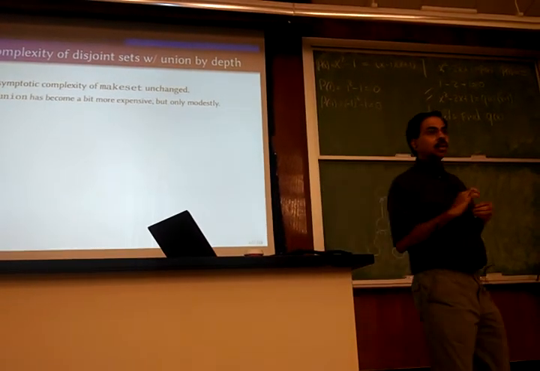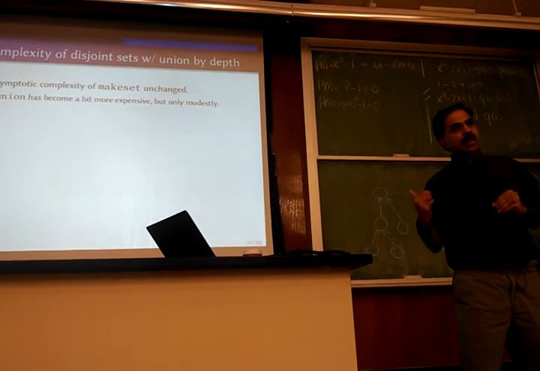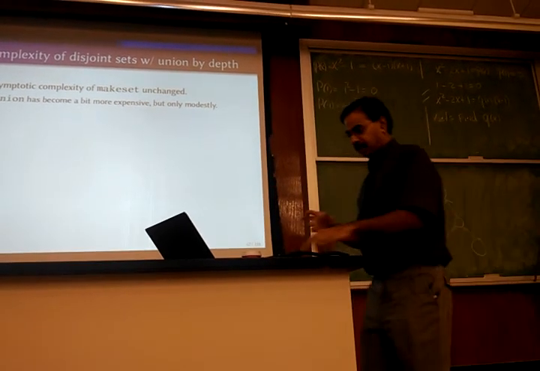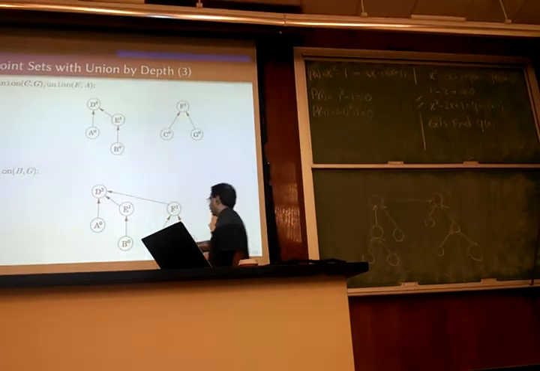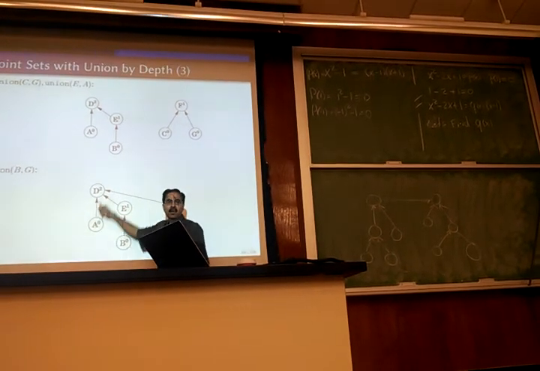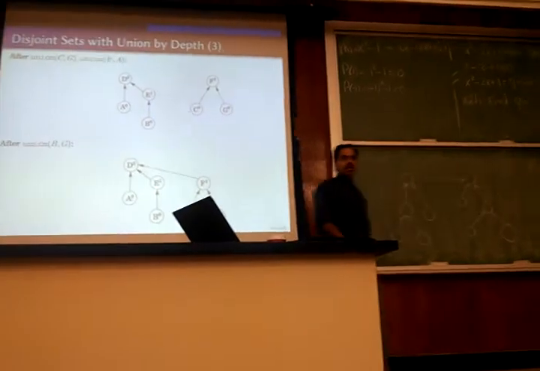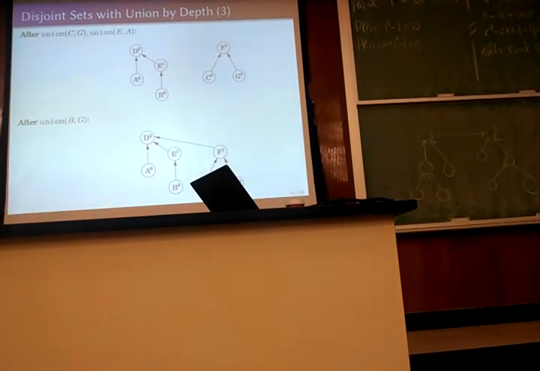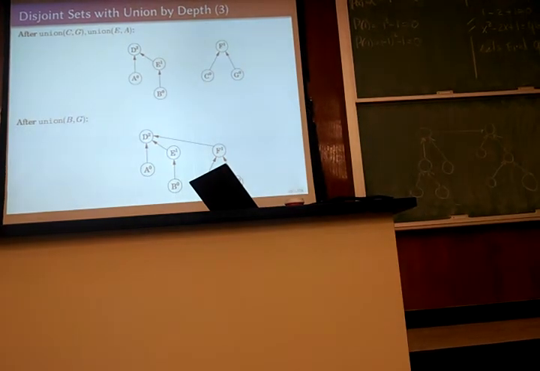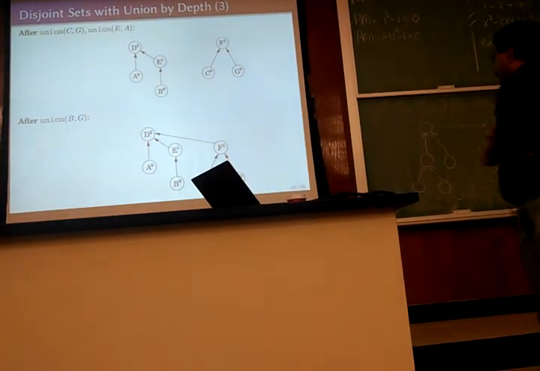No, but see, find is always you're given some arbitrary element. So for instance, you're going to be asked find B, right? So find B has to still follow the path. So it will be O of log n. Right, so log n is going to be its complexity.